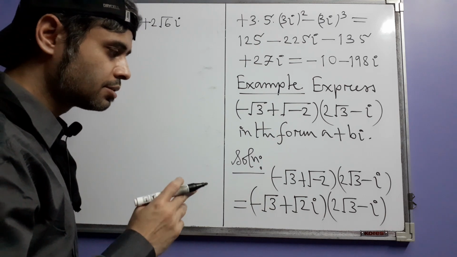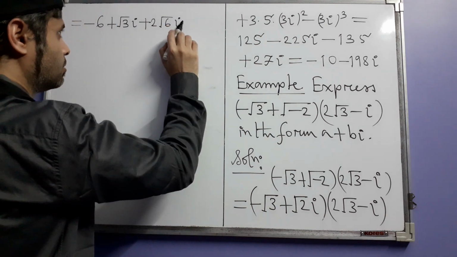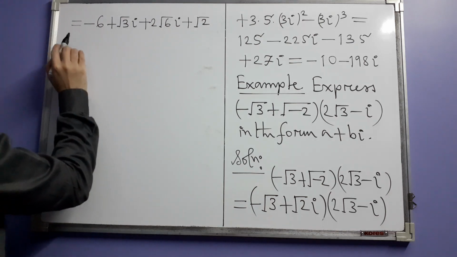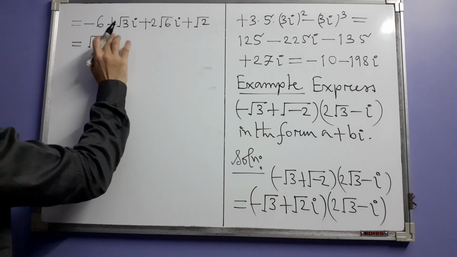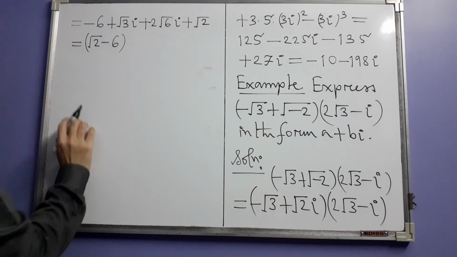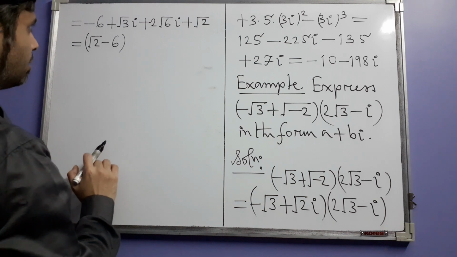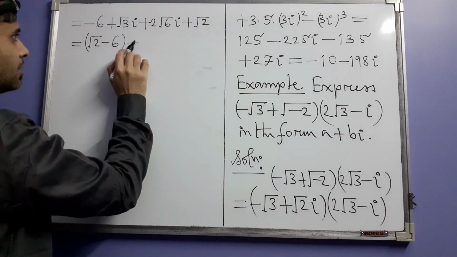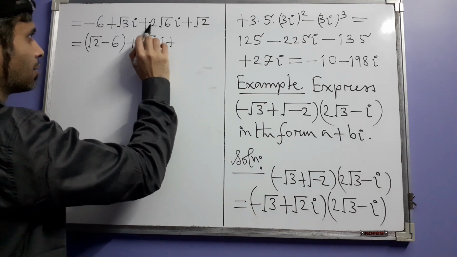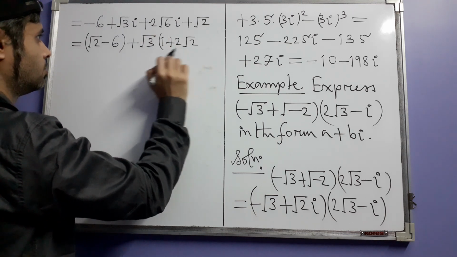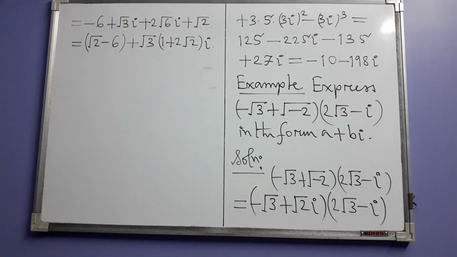Minus i squared is minus of minus 1, plus 1. So plus square root of 2. That is root 2 minus 6. That's the real part, combining these two real numbers, and the purely imaginary number. If you want, you can take root 3 common out. That way you will get 1 plus 2 root 2 i. Okay, so this is the number in the form a plus bi. Let me check. Minus 6 plus root 2. Yes, this is the one.